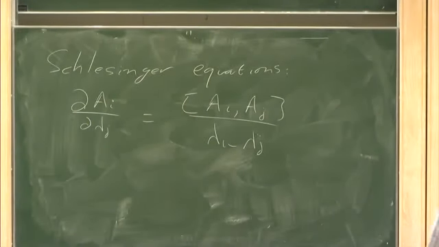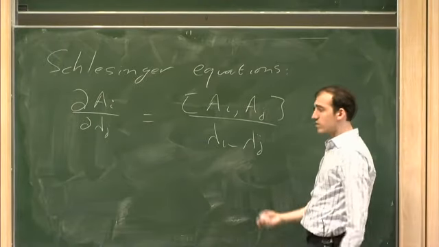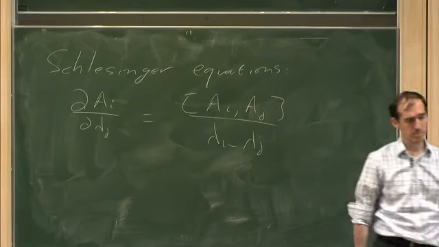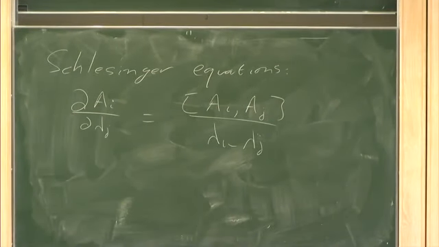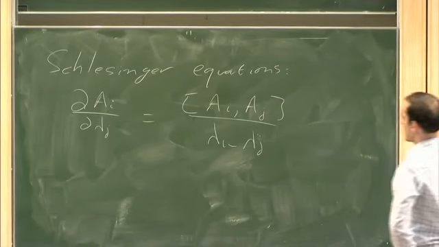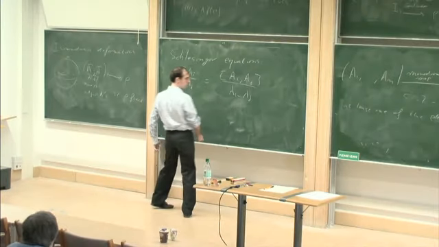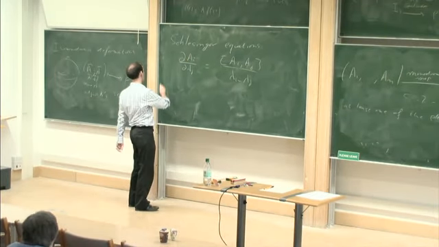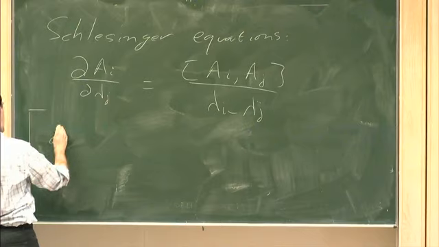This is for all i and j, so these are coupled non-linear equations. It looks a bit scary, just knowing that you can actually solve them simultaneously.